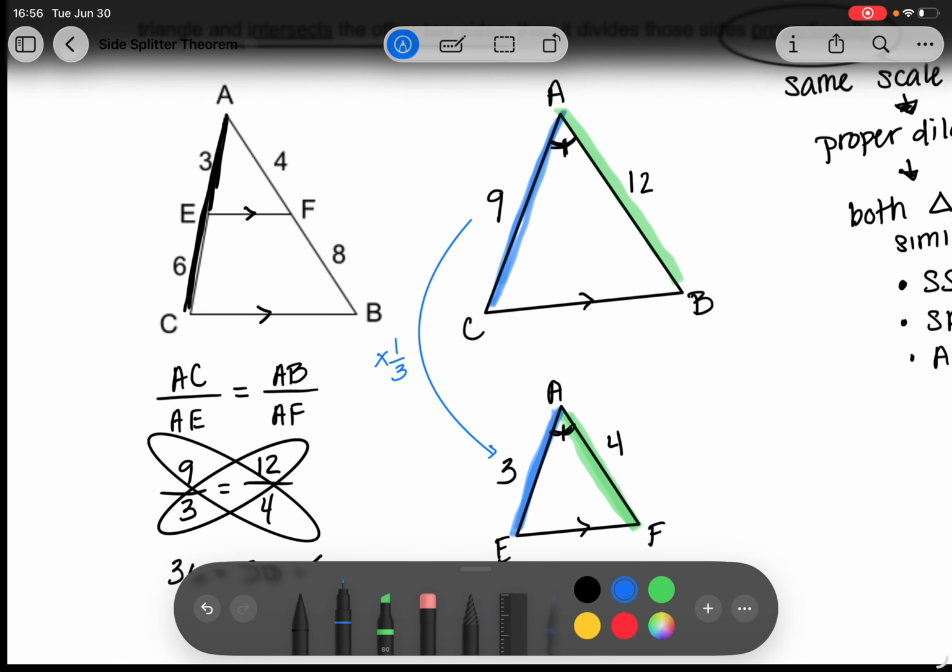So it's going to be a reduction. So it needs to be a number that's less than 1, which means we're dealing with a fraction. Same thing here, 12 times 1/3, which is the same thing as 12 divided by 3, will get us to 4. So our scale factor for this problem is K equals 1/3. Or if you wanted to go from small to large, K could equal 3.